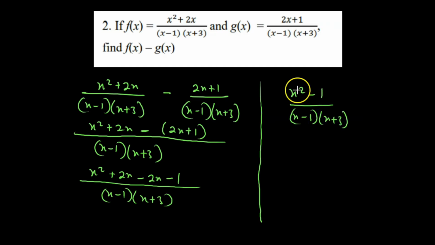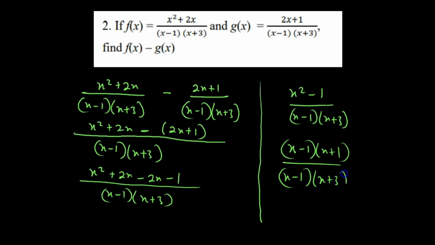As you know, to know whether we can go ahead and simplify, we have to write the numerator in factor form so that we can look out for common factors to do away with. So x minus 1 multiplying x plus 1 will be the factor for the numerator because it's a difference of two squares. Then we have x minus 1 multiplying x plus 3 for the denominator.